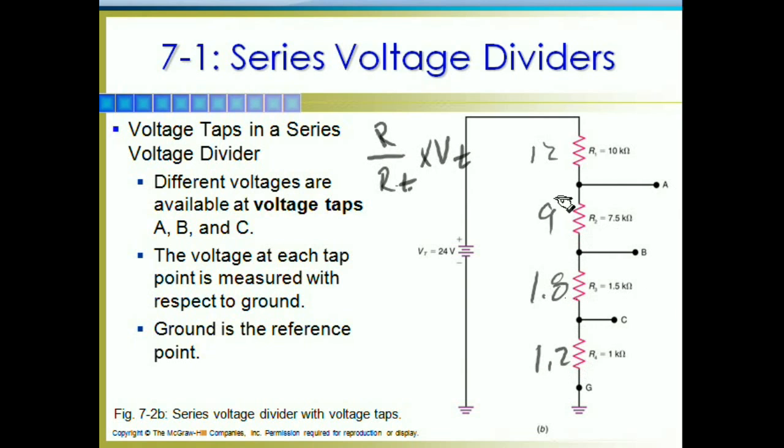Each of these voltage drops easily calculated for my points A, B, C, etc. Once again, at no time did I bother adding up different resistances. I didn't have to calculate current. I was just able to use the proportionality to the total resistance of each resistor to get its proportional voltage drop. Easy as that.